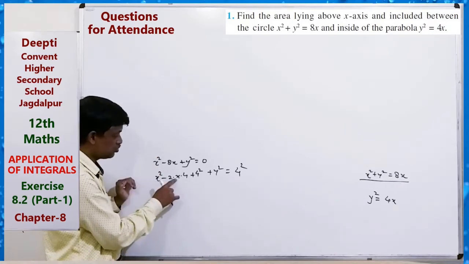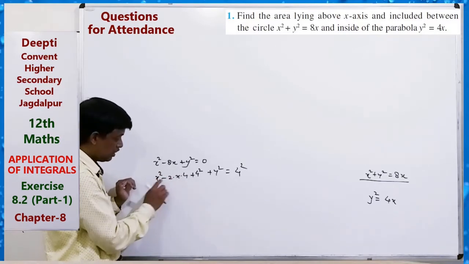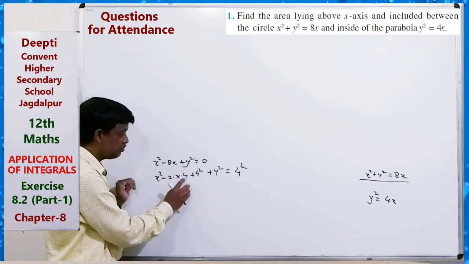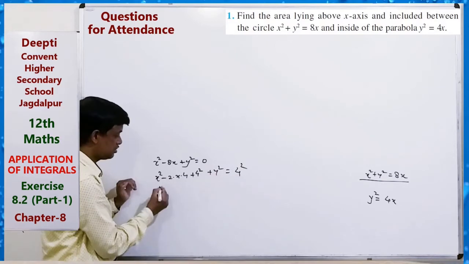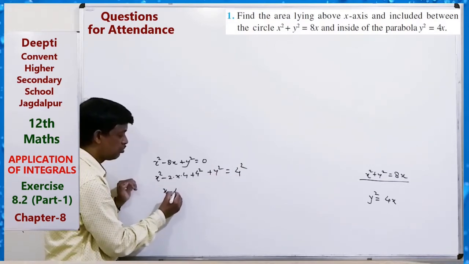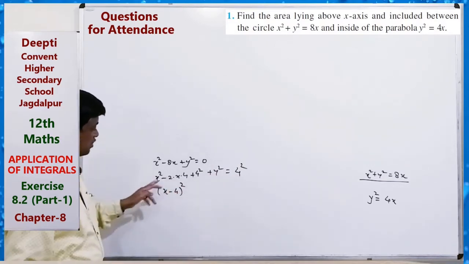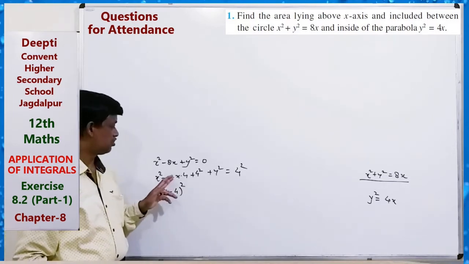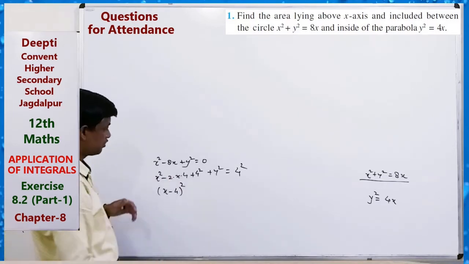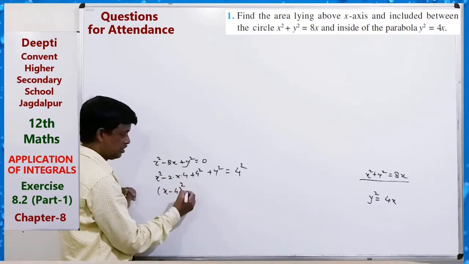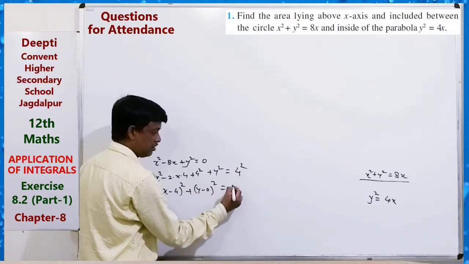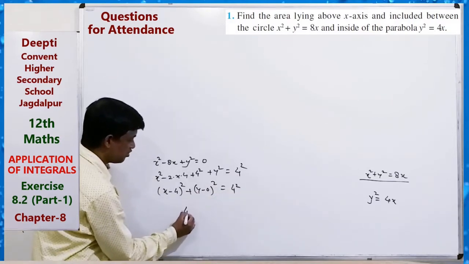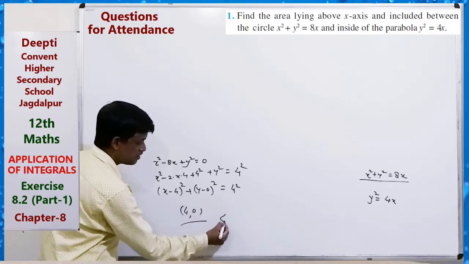It is like a square minus 2ab plus b square. So (x minus 4) square plus (y minus 0) square equals 4 square. That is, center is (4, 0) and radius is 4.